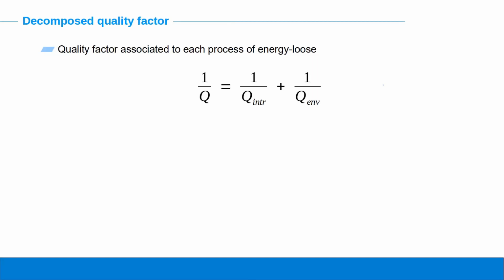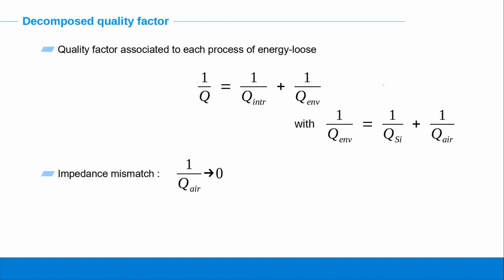In that case, we distinguish the intrinsic phenomena and the coupling with the environment. And the environment can itself be decomposed into two parts: the silicon substrate and the air around the nanoparticle. Due to the important impedance mismatch between gold and air, we usually consider there is no radiation in the air, and so there is no loss due to this coupling.